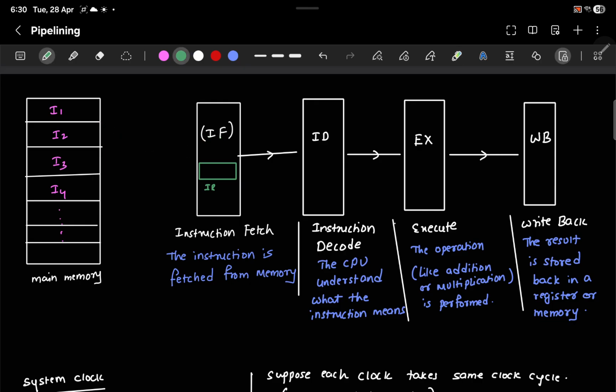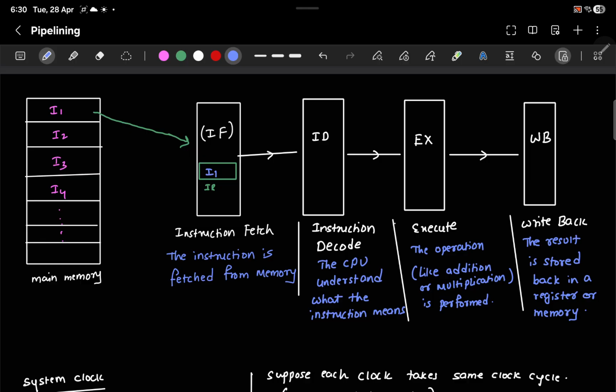Instruction fetch means the instruction is fetched from the memory and kept inside a register.